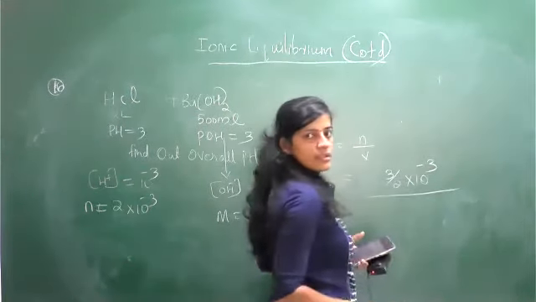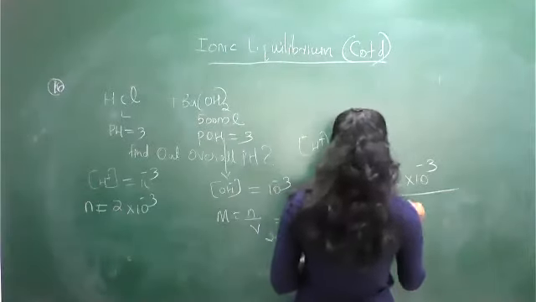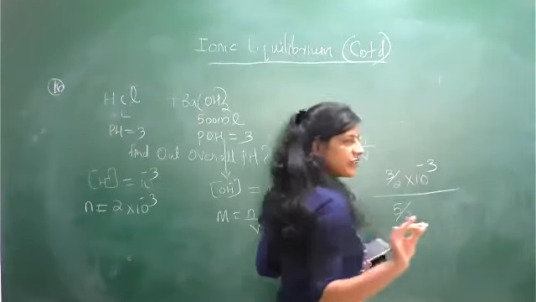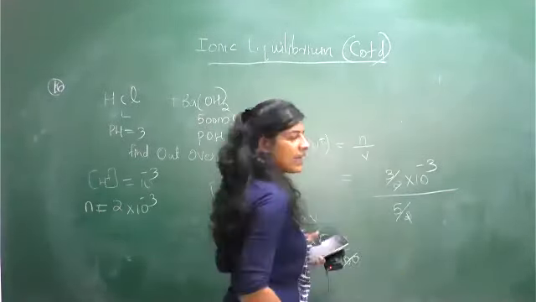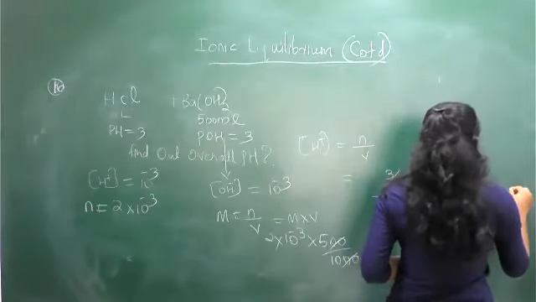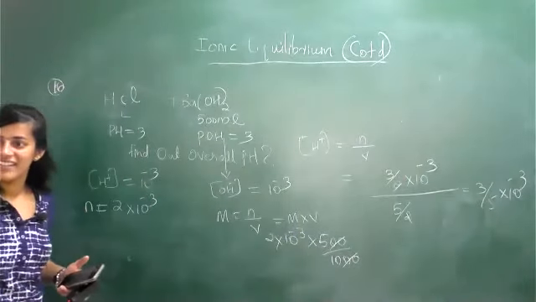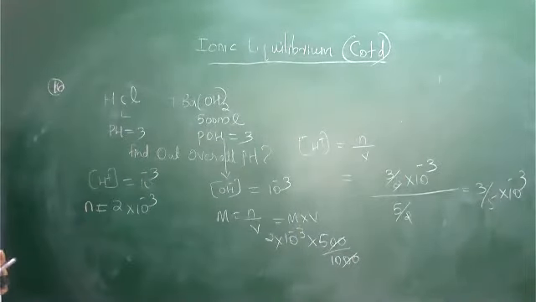Volume is 5 by 2. So 2 gets cancelled, giving 3 by 5 into 10 to the power minus 3. This is the step. So 3 by 5 into 10 to the power minus 3 you will get.